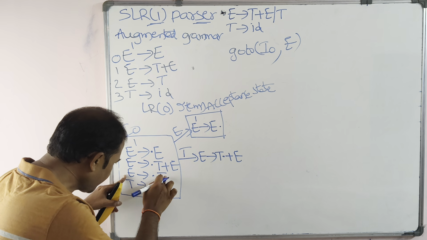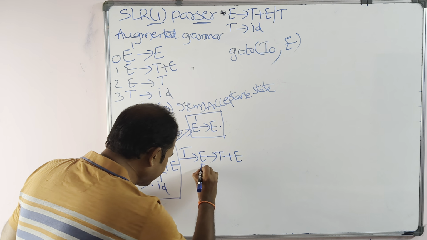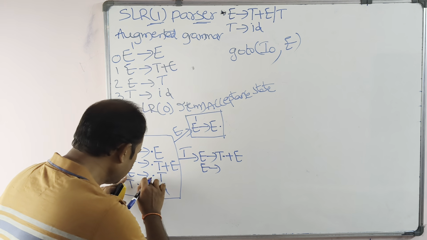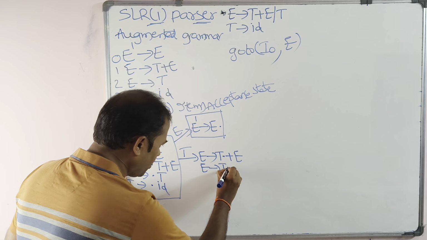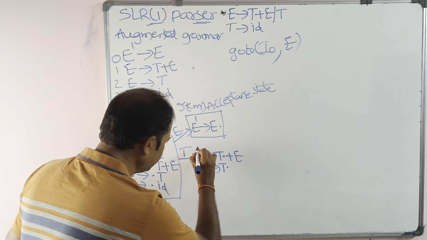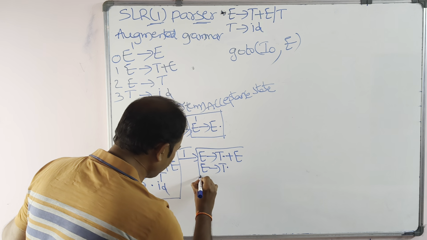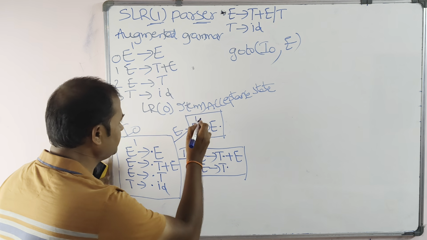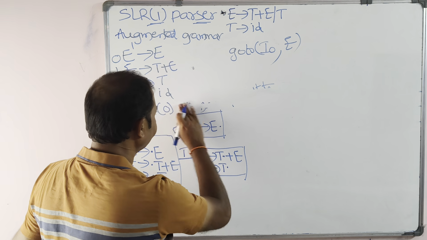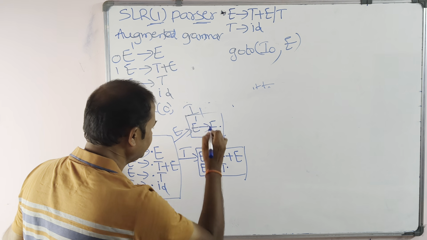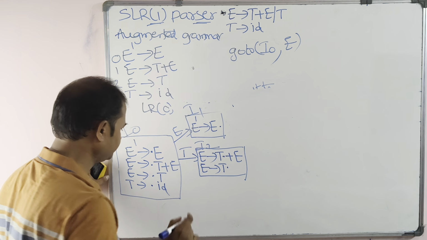Next, here also after the dot we have T, so the dot will be shifted and we get T dot. After the dot we don't have any symbols, so the calculation is over. This state is I1, and this next state is I2.